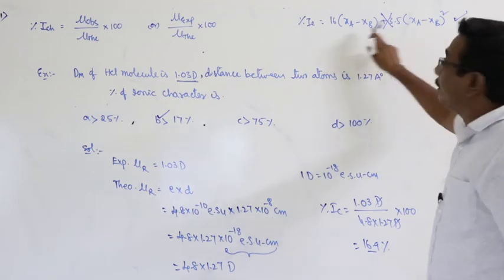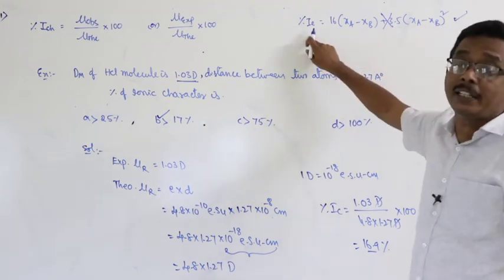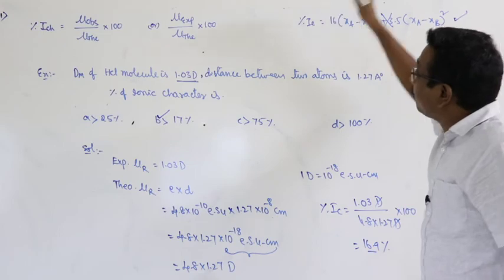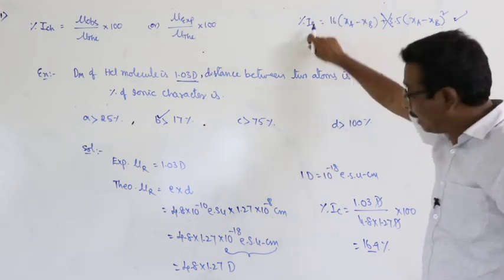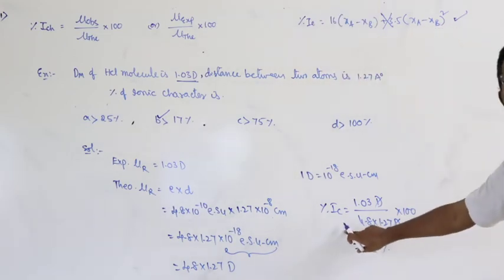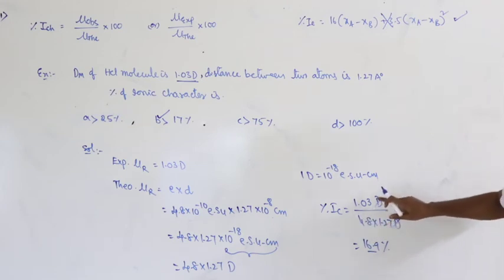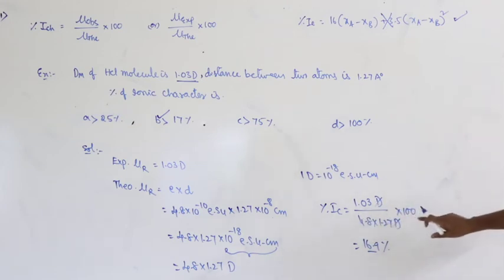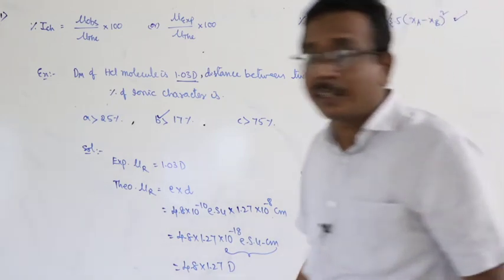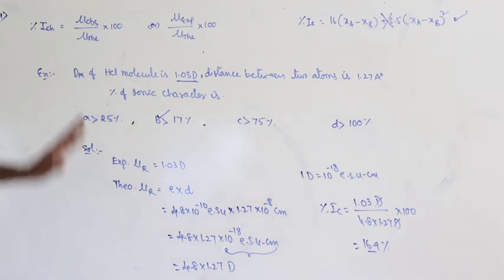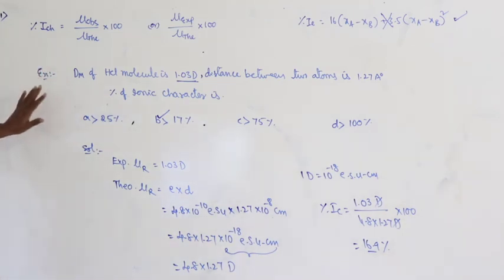Based on electronegativity difference, we can calculate the percentage of ionic character. Here, for the calculation of the same ionic character, once again I am giving another expression. What is that? Mu experimental by mu theoretical into 100. Purpose is same, formulas are different. Okay. This is about the first point, first application.